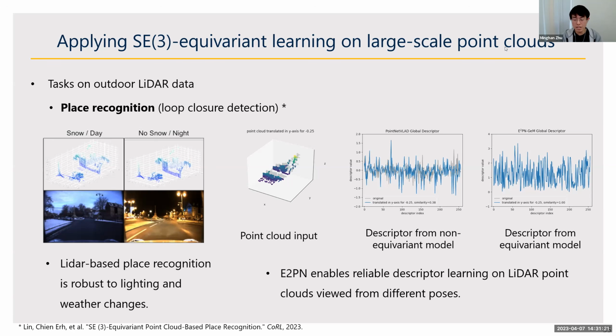But the features learned from the LiDAR scans will be more robust under pose changes because of the equivariance property. The network can learn more reliable descriptors from the point cloud LiDAR scans under different viewpoint changes. I hope I answered your question. Yeah, great.